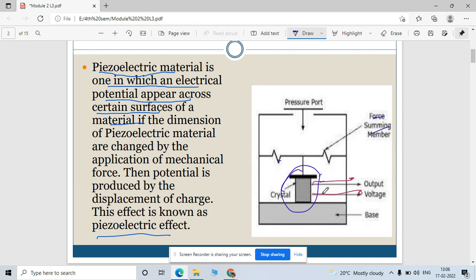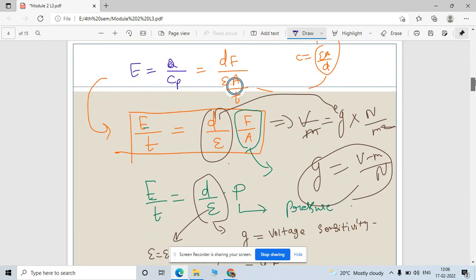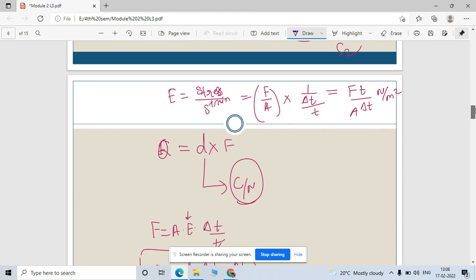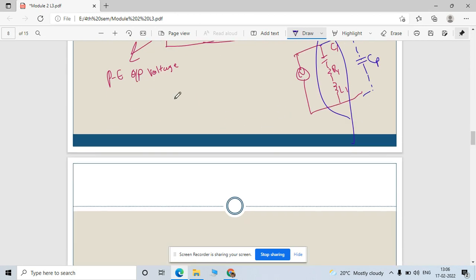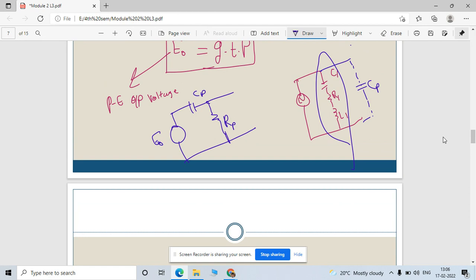If I consider only this crystal, then what is the equivalent circuit for that? इसके लिए क्या होगा इसमें, this is your E output, okay, which you will get, and this is your CP, and this is some external resistance which is associated from that combination. So ऐसा सर्किट बनता है उसका.